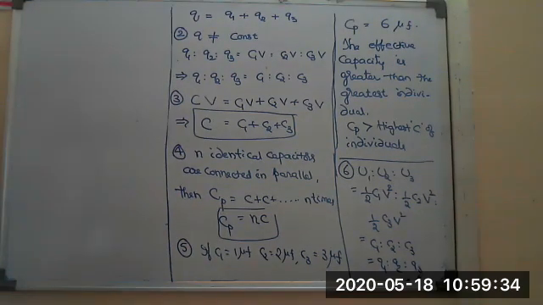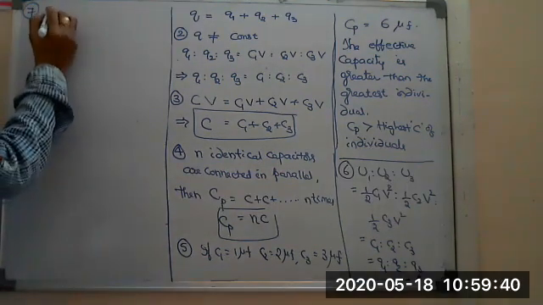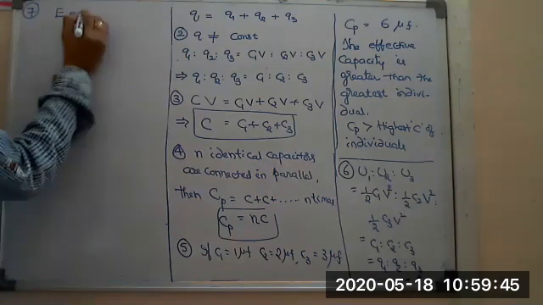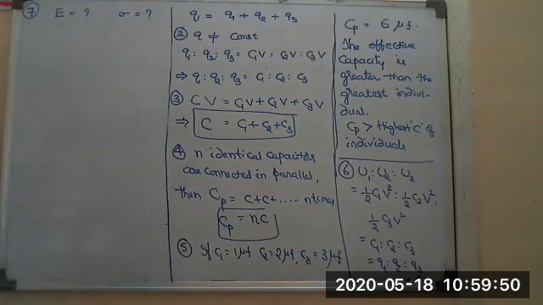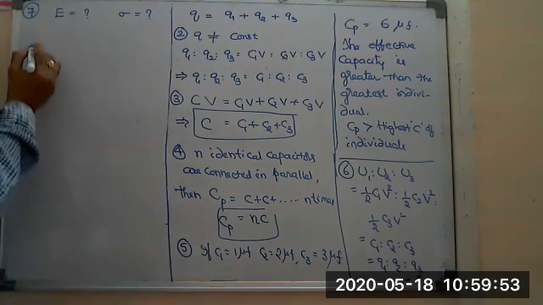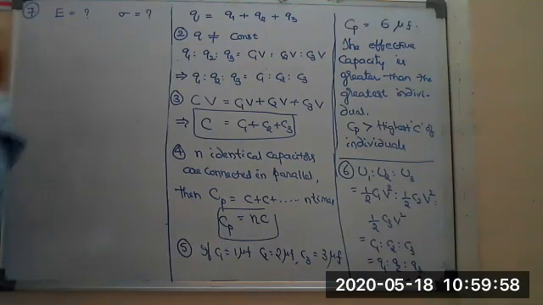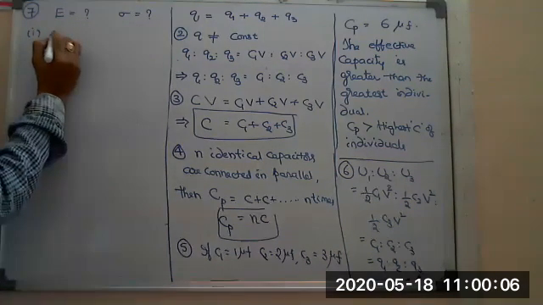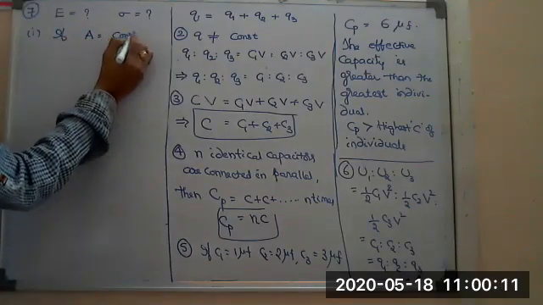Now the seventh one: the ratio of electric field intensity and surface charge density. Here we need two conditions, whether A is constant or D is constant in a capacitor. In case one, A is constant, like in series.